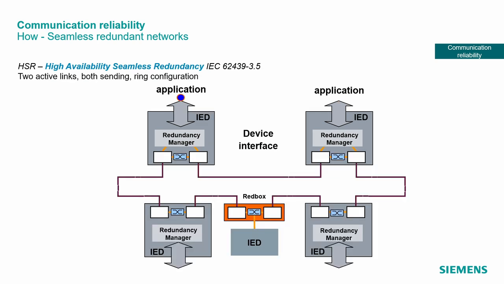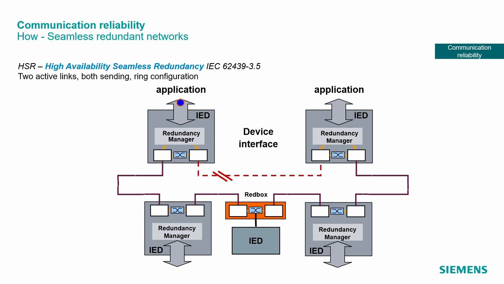So if we look at the high availability seamless redundancy, the principle is the same. Every device is going to duplicate the messages, but now we are connecting the devices in a ring. So the messages are transmitted through two different paths and received in the destination device.